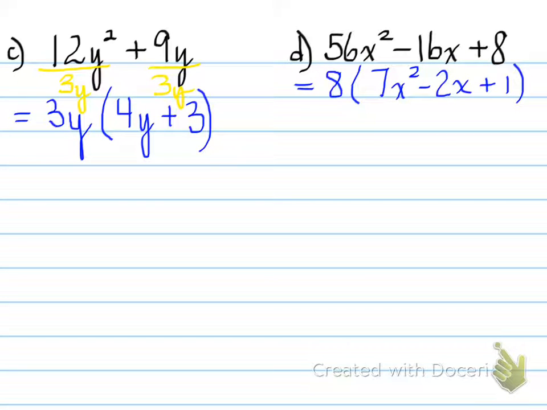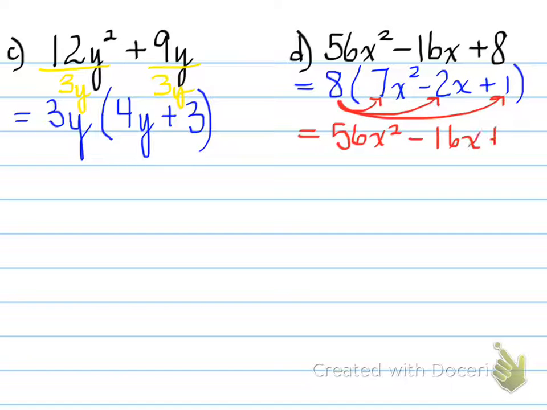Again, you can always check it by expanding your answer. Here's an example of how you check. You would expand it out. There you go. You do not have to do this. It is not a necessary step. It is just for you to check. We are checking our solution here, folks.